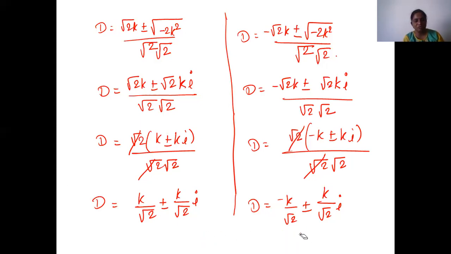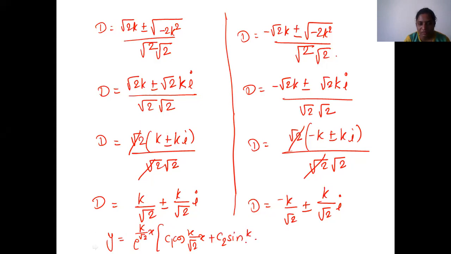So can we write the solution now? Y is equal to, for the first, alpha is k by root 2 x. Y equals e raised to alpha x, in brackets, C1 cos k by root 2 x plus C2 sin k by root 2 x.